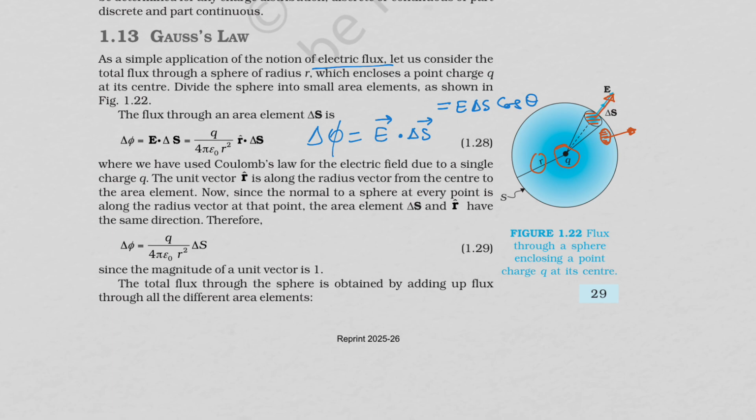Due to the charge, the electric field has the same direction because it is a positive charge.